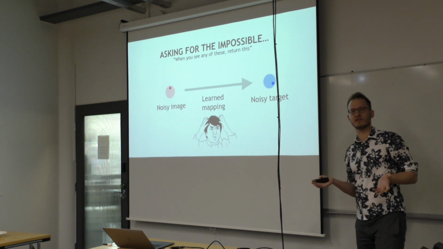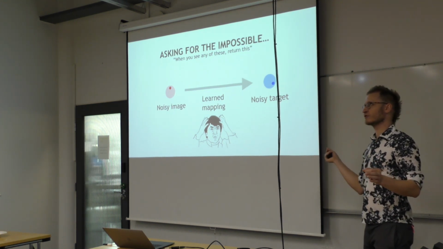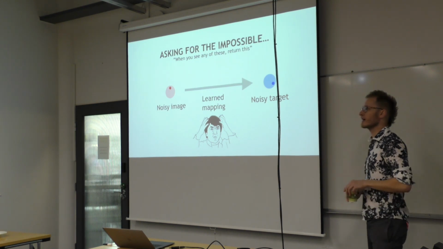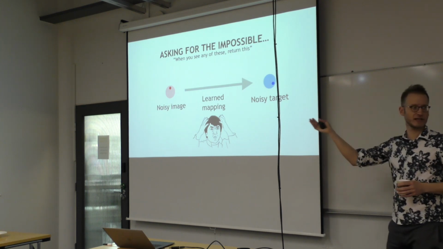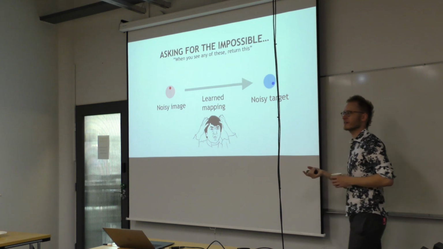I mean, there's no way any model could learn to actually do exactly what you want, unless, of course, your model is way over-parameterized. It has way more capacity, so that it can basically memorize your training set.